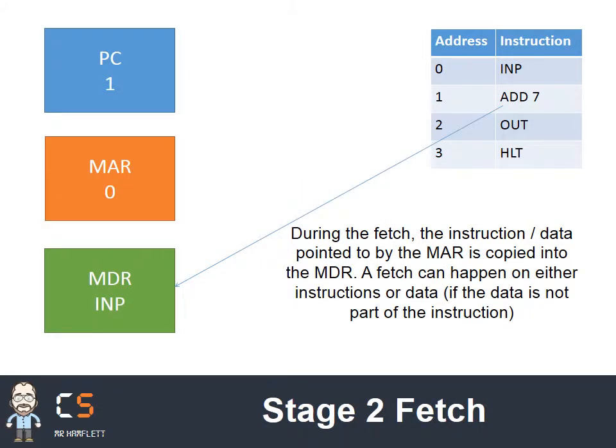So during the fetch, the instruction data pointed to by the MAR is copied to the MDR, as just said. When we do a fetch, in this case I'm fetching the instruction, but it could be data as well. Regardless of instruction or data, the process is always the same. I use the MAR to go into RAM. Whatever's in that location gets copied and saved into the MDR.